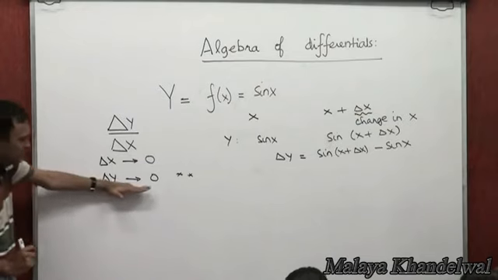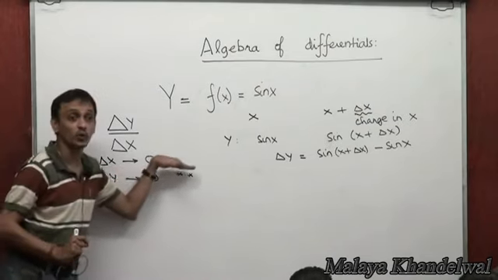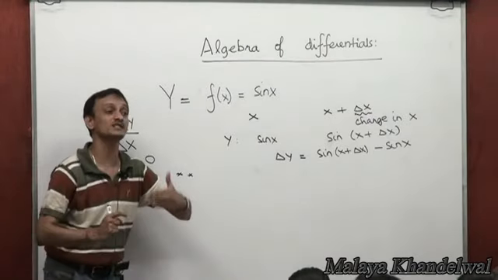So in any case, for the functions that we would be dealing with, as delta x becomes smaller and smaller, the change in y also becomes smaller and smaller.